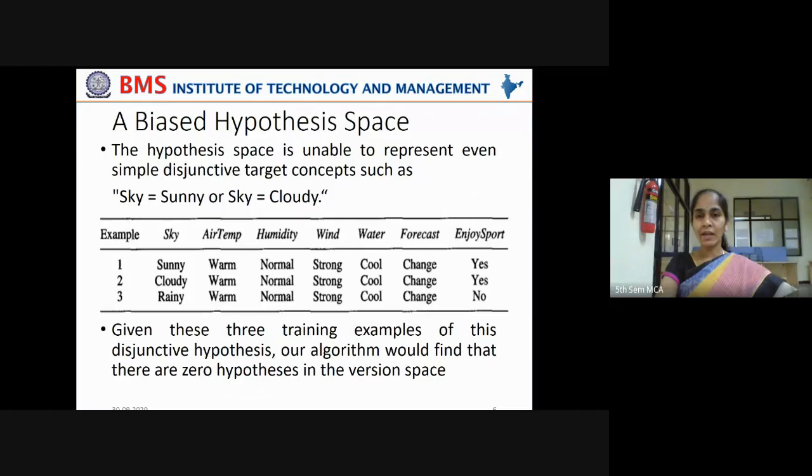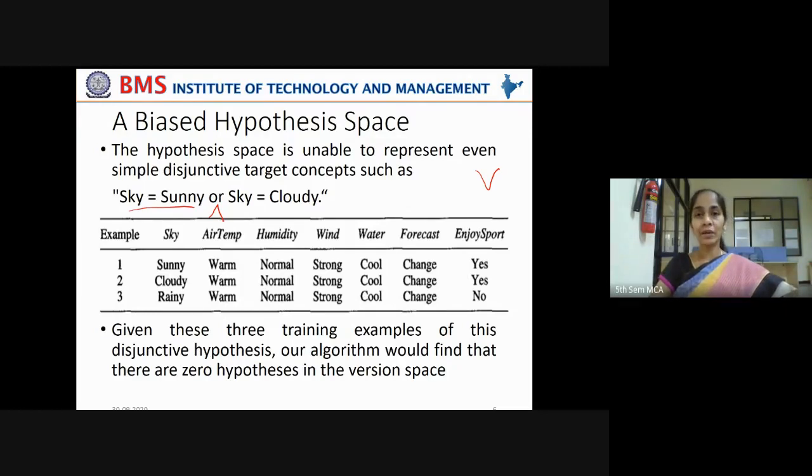The hypothesis space is unable to represent even simple disjunctive target concepts such as if the sky is sunny or cloudy. Disjunction is given by this symbol. Conjunction is given by this symbol, right? Now, say the target concept is sky equal to sunny or sky equal to cloudy. What will happen? Either this is allowed or this is allowed. In that case, our hypothesis space doesn't have such a hypothesis. Now, given these three training examples of this disjunctive hypothesis, our algorithm would find that there are zero hypotheses in the version space.